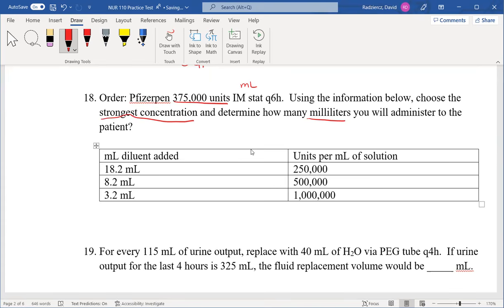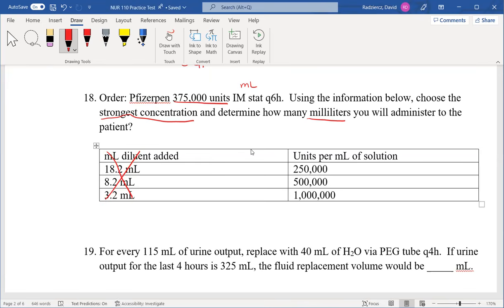To be consistent, you have 3 different milliliters of diluent added to a particular amount of Pfizerpen. And as I mentioned previously, you can just ignore these. We don't care about how much volume is being added. That's what's done in the pharmacy.